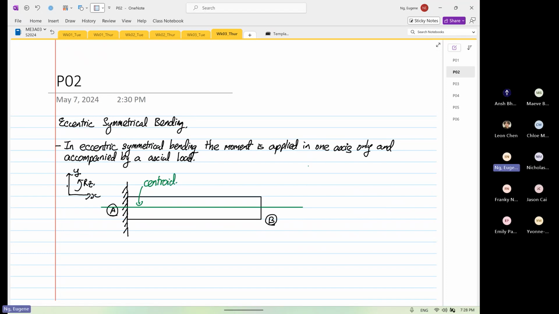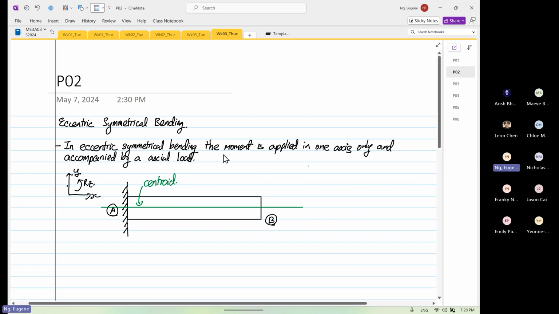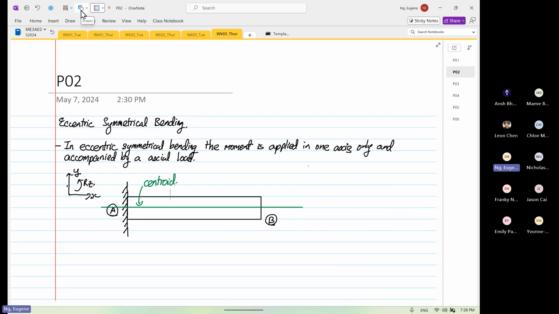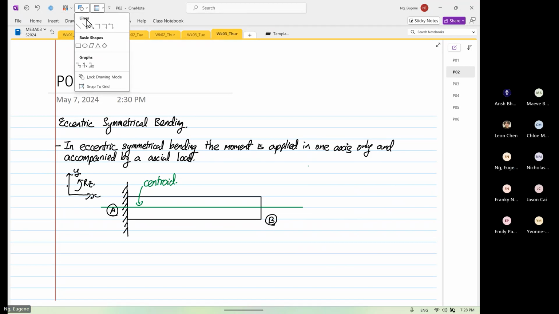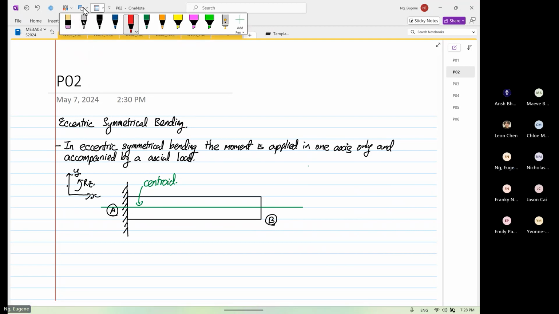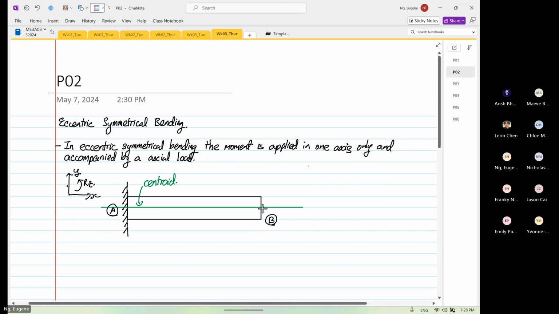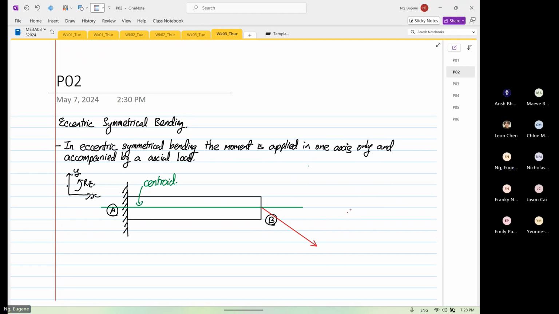So now the load is applied in such a way that it is acting on the geometric centroid, right? And is doing this. Okay, so this is our P, and over here we have a theta.